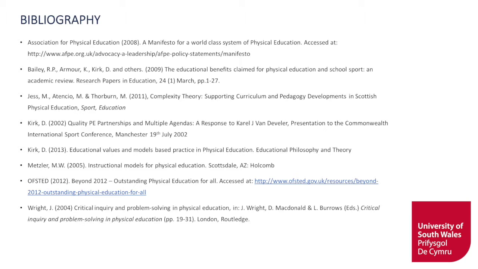Once you've listed all the authors' surnames and initials, you present the year in brackets, then the book title or journal title, then the book or the journal that it came from, and then the publisher, where it's Routledge, London, or London, Routledge. So there's a particular way you reference that.